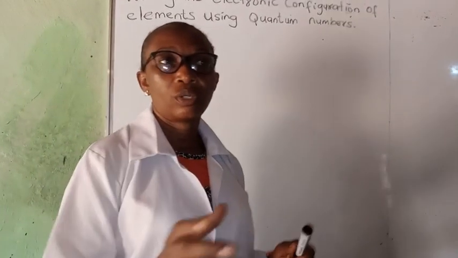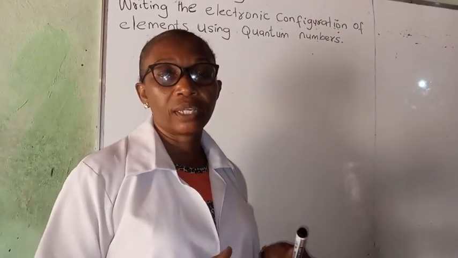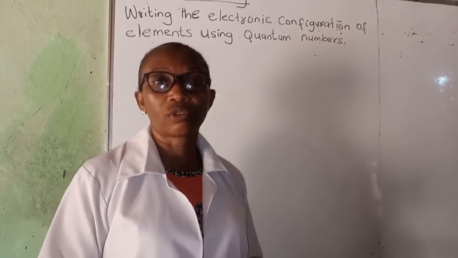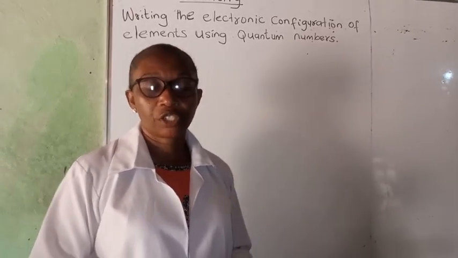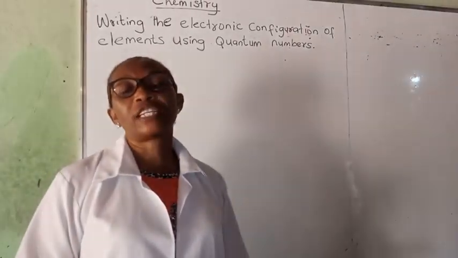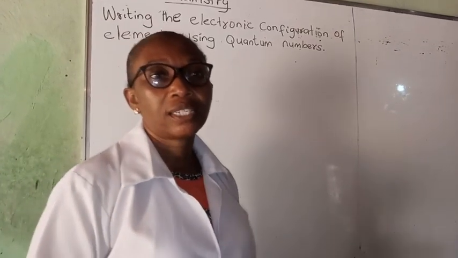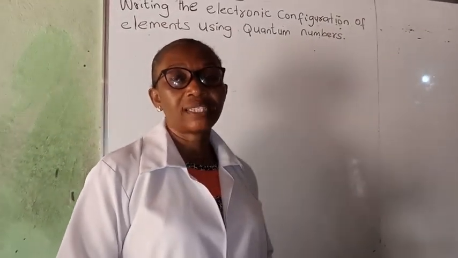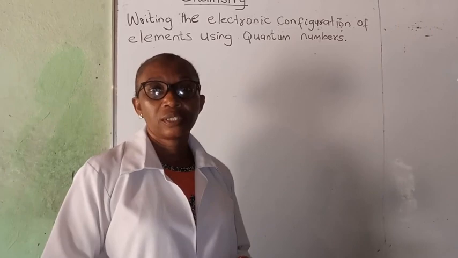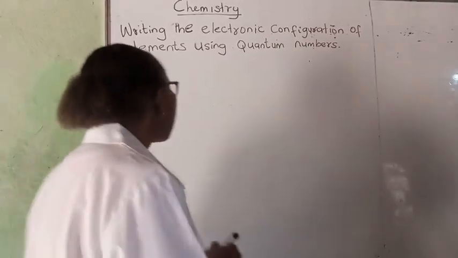I'm going to use just 2 out of the 4 quantum numbers to teach you how to write electronic configuration. Let's look at the first quantum number that we will use, known as the principal quantum number.